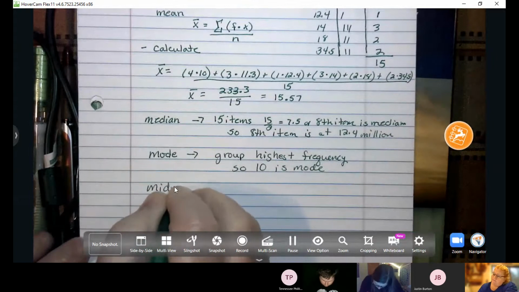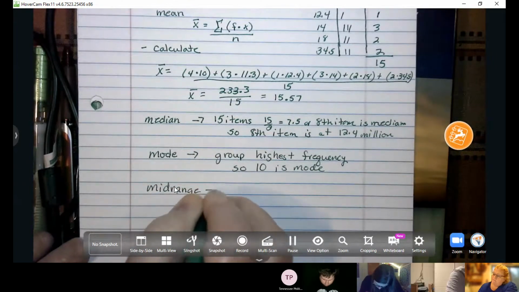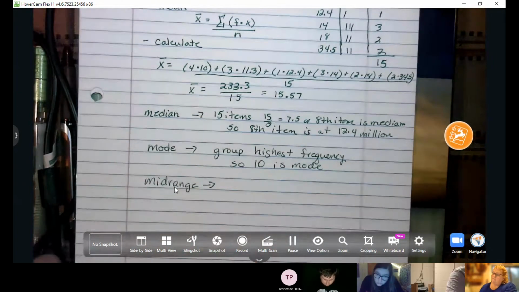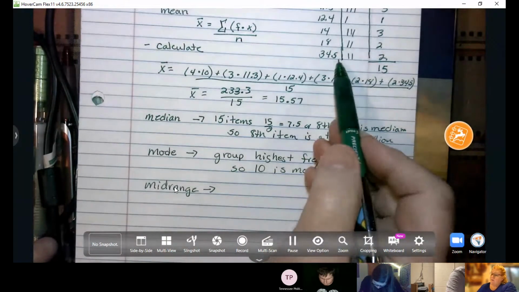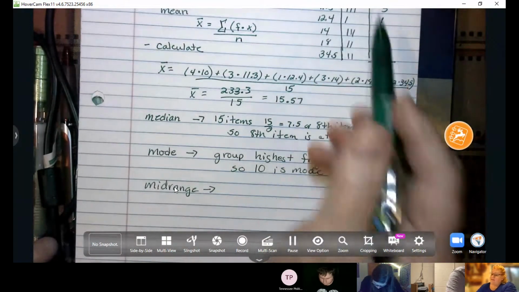Mid-range: the highest value was 34.5, the lowest was 10.